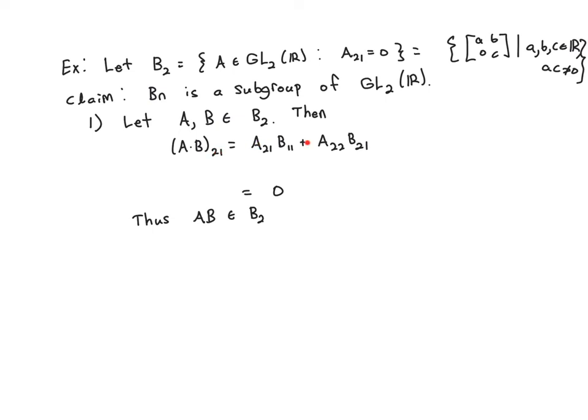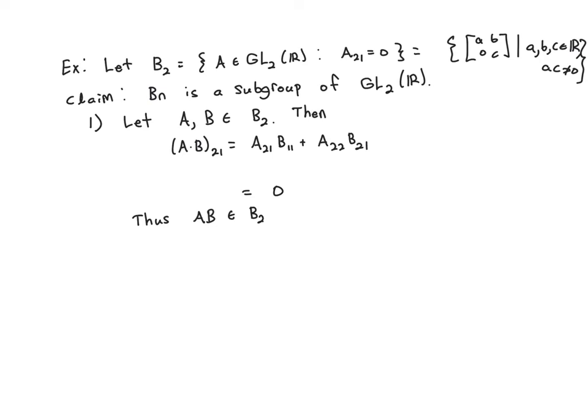So we're taking the second row of A times the first column of B. So second row, first entry times first column, first entry. Second row, second entry times first column, second entry. Add the result. Note here, this is our hope. So this is still scratch work right now. We're hoping that we're going to be able to connect the dots.